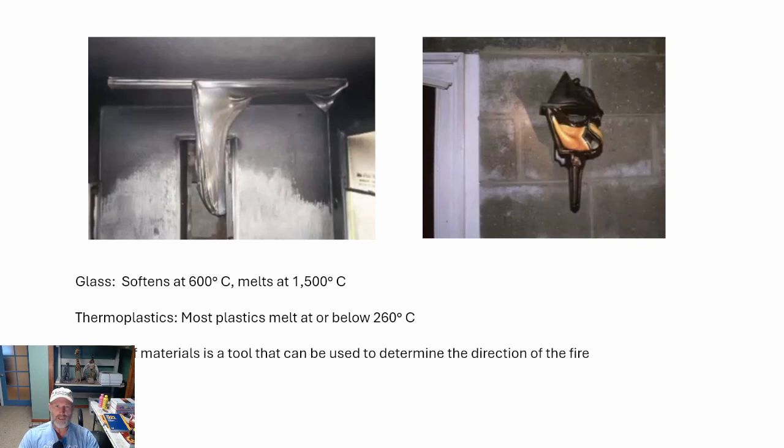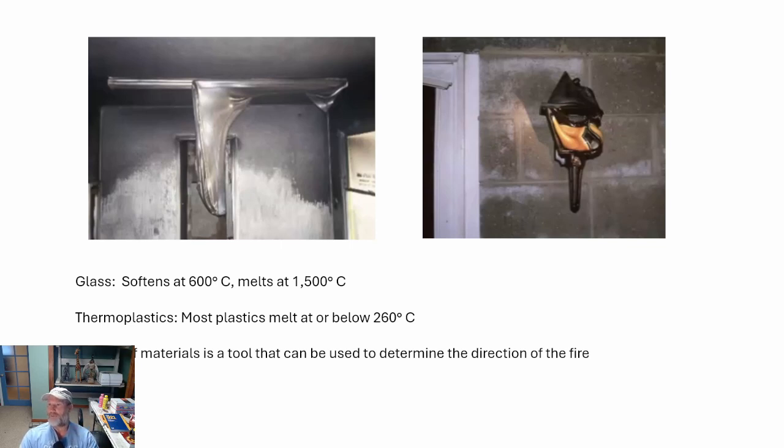Take a look at this light fixture, though. What's interesting here is you may well have had an upper layer of elevated temperature. But what also appears to have happened is you had a radiant heat flux on the left side that resulted in a higher amount of heat transfer to the left portion of that light fixture cover. That resulted in this deformation. Also consider the outdoor light on the right side.